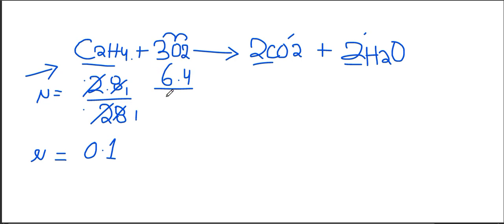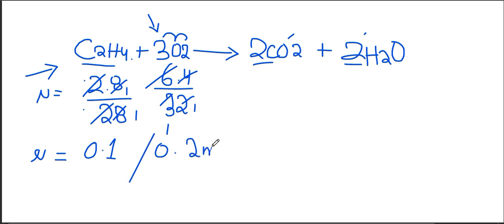Sorry, it will not get multiplied by 3 because we will utilize it later. So 6.4 divided by 32 gives me 0.2 moles of it.